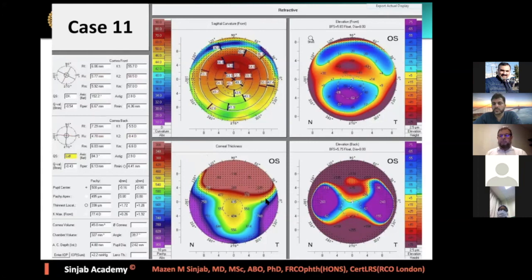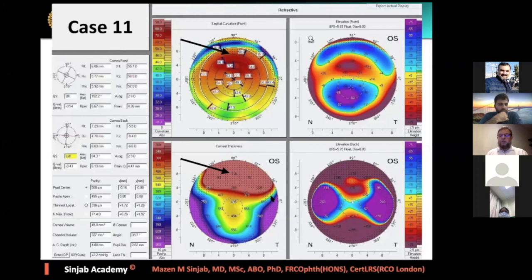As you see, there is a bell shape, where the bell is up, and the graph is in the reverse shape as well. So this is not a superior pellucid marginal degeneration. Actually, it corresponds to superior pathology in the cornea. Because of this pathology, because of vascularization, because of the pannus, as you see, there are black dots here.